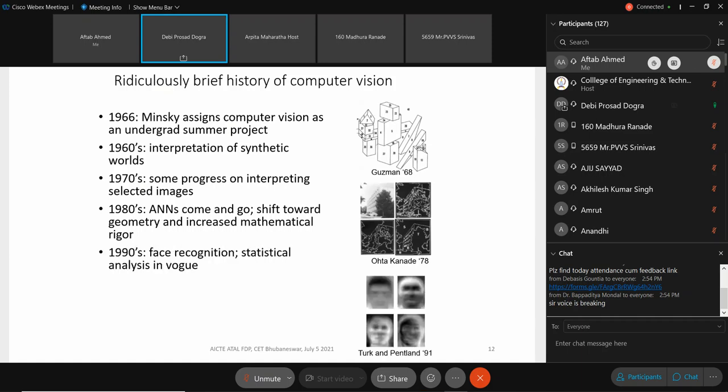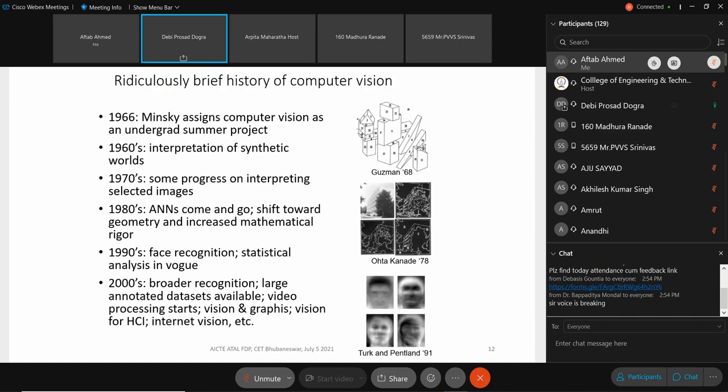Some applications came in the 90s like face recognition, with statistical analysis involved. These were still not neural network based applications. They were mainly based on handcrafted features.